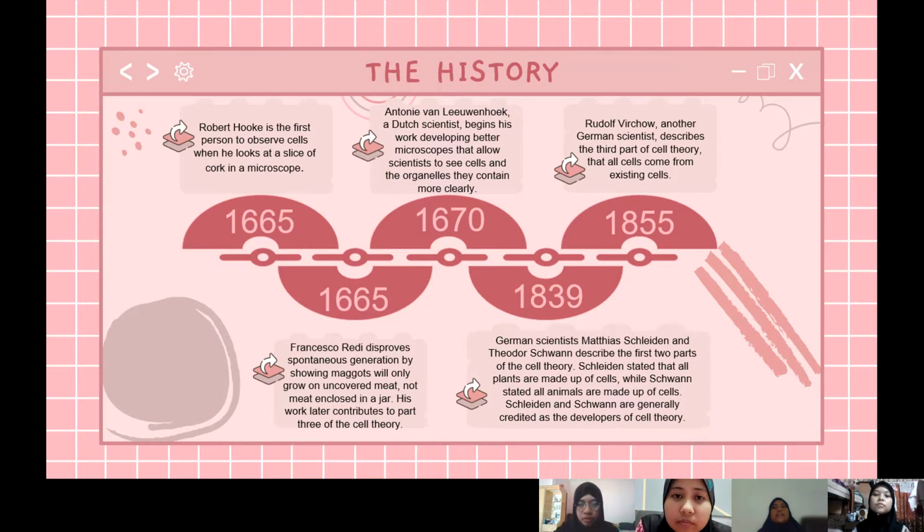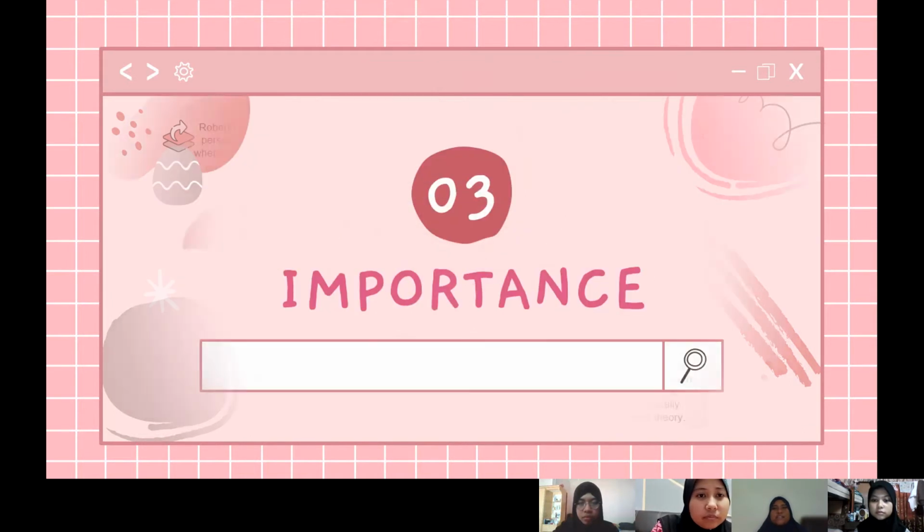And last, in 1855, Rudolf Virchow, another German scientist, described the third part of cell theory, that all cells come from existing cells. Next, I will pass to Syuhada to explain the importance of cell theory.